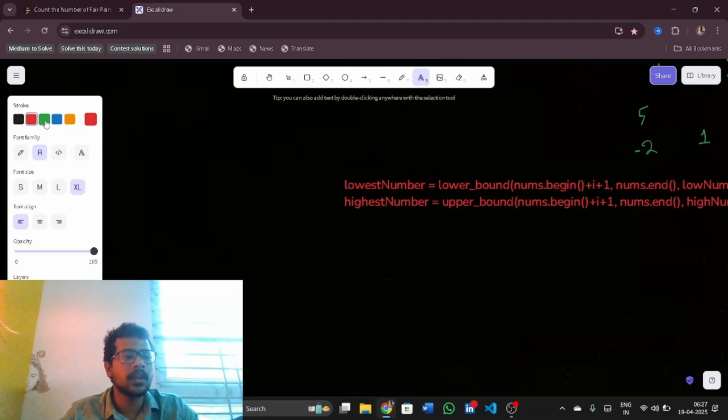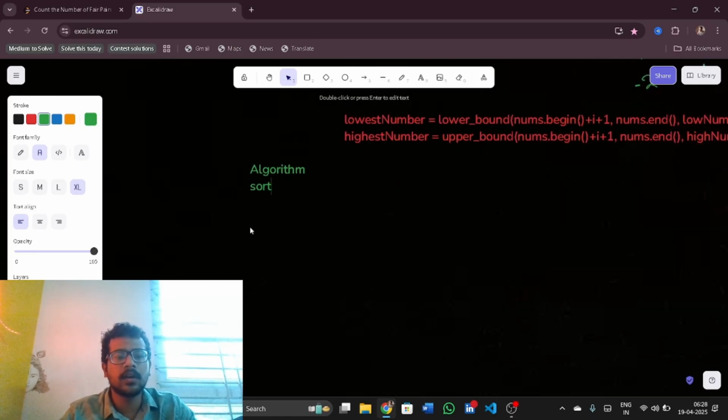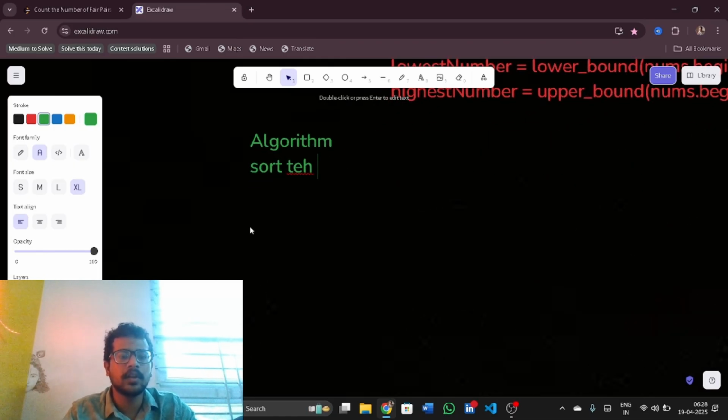Okay, for now let me write the algorithm. Now the algorithm will be starting with sorting the array, and then I'll do something like for I equal to 0, and I'll be going till n and I plus plus, right?